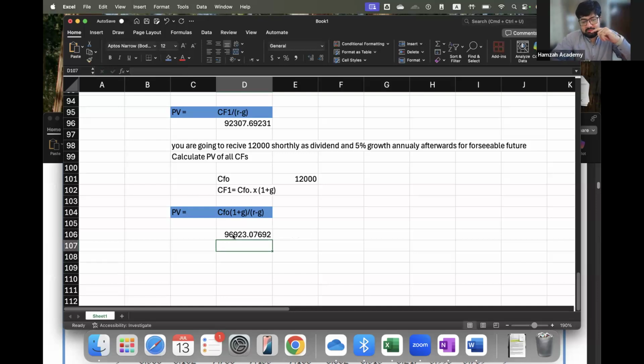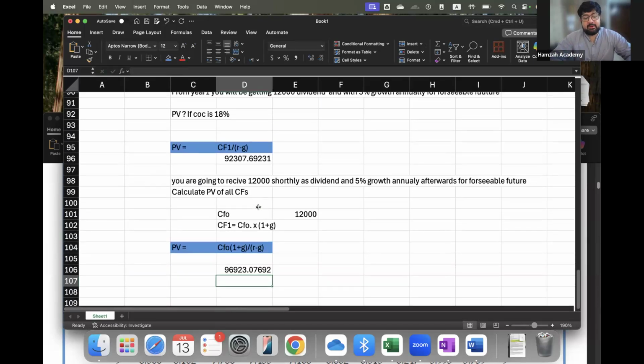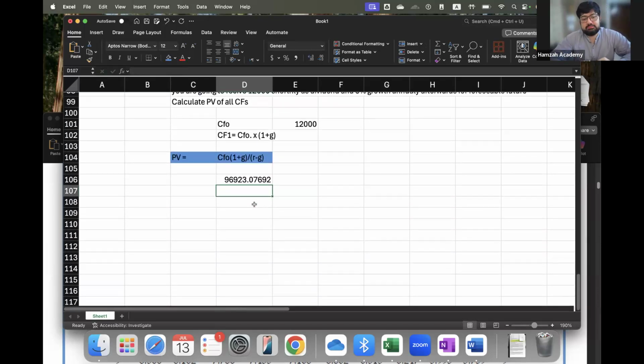There you go. So here you go. Perpetuity with growth.